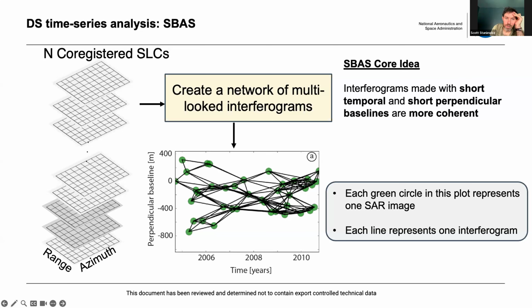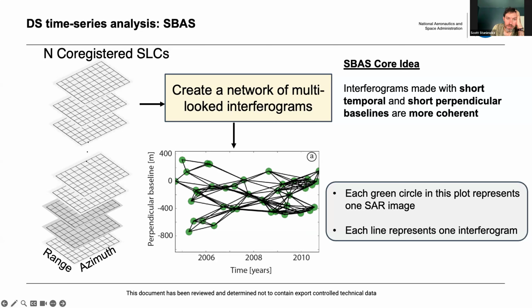And so this is probably one that's not Sentinel-1 because for one, the time period doesn't make sense. But for older satellites, the perpendicular baseline varied a lot. And so you wouldn't want to form an interferogram that has a 2,000 meter perpendicular baseline. And so you can make some kind of network where everything's short perpendicular in space and short temporal baseline in time.